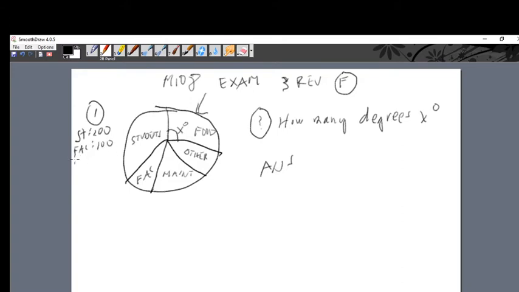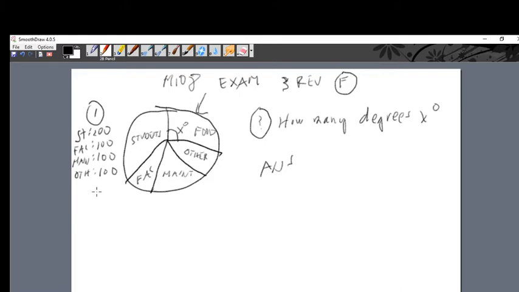What about maintenance? Okay, so maintenance, let's say there's 100 people working on maintenance. How about other miscellaneous things going on here? There are another 100 people. So what do we have?